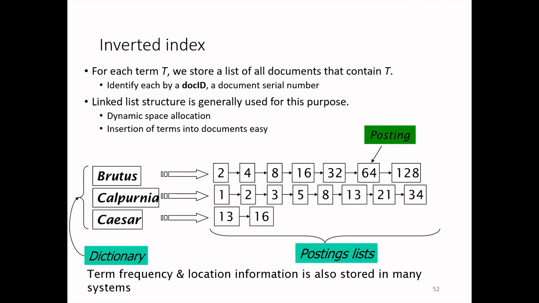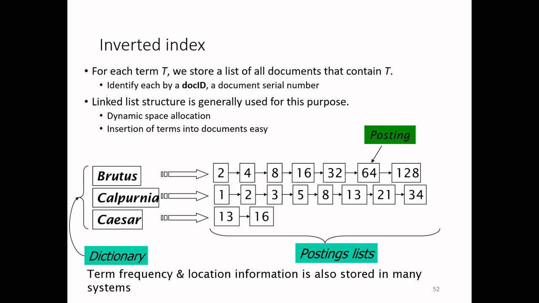So every document is assigned an ID, as a number, a serial number, and basically we have a list of all the documents that contain the term. And this information is saved or stored in the form of a linked list structure.